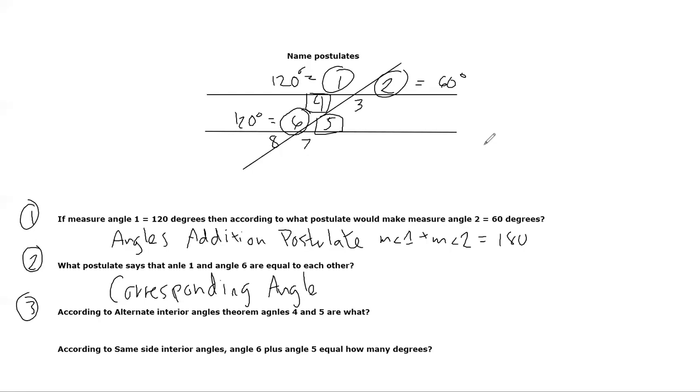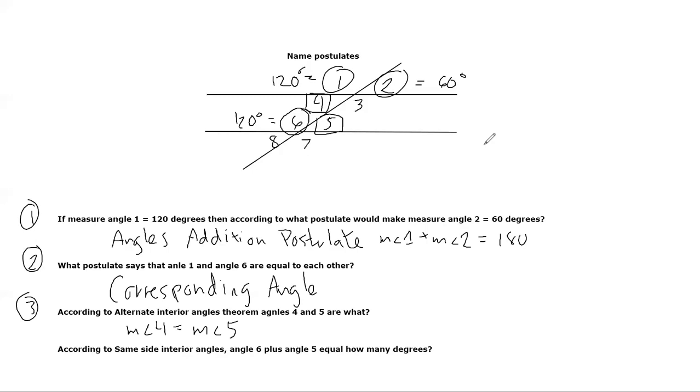They're just asking, according to alternate interior angles, what would 4 and 5 be? Well, they would be equal to each other because alternate interior angles say that measure angles that are alternate interior equal one another.